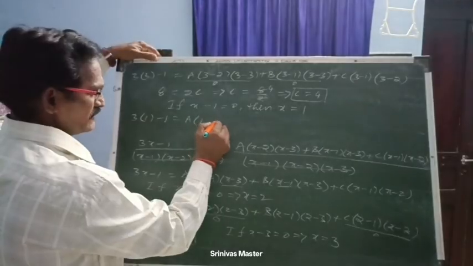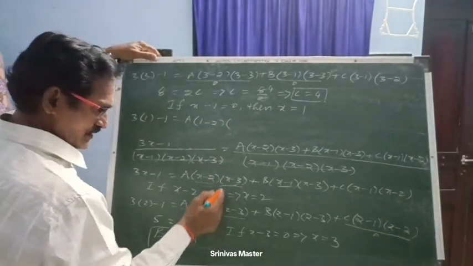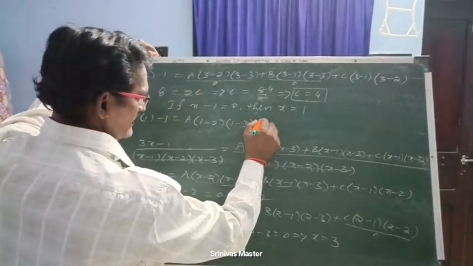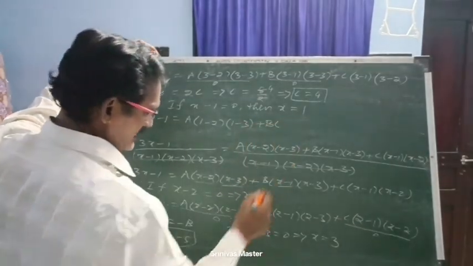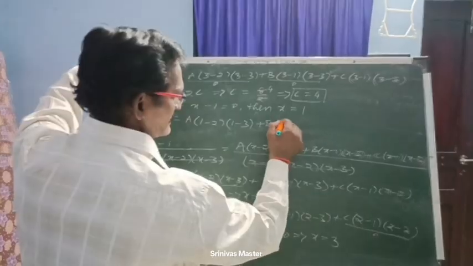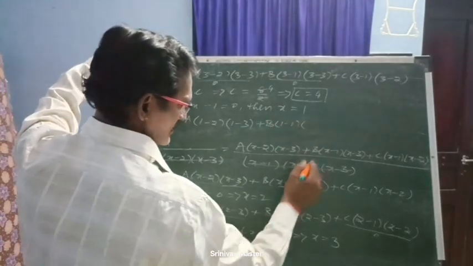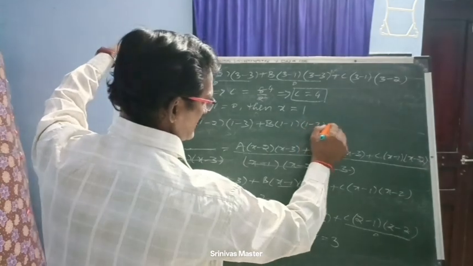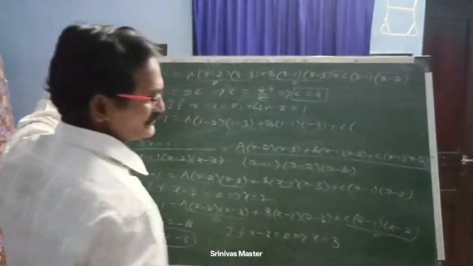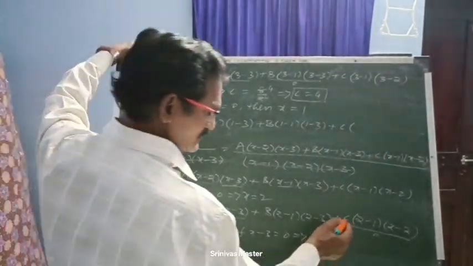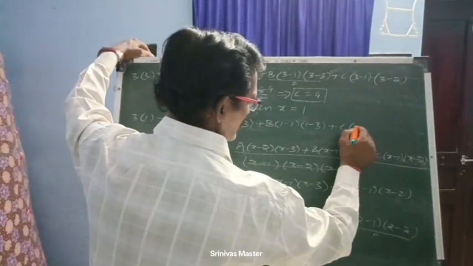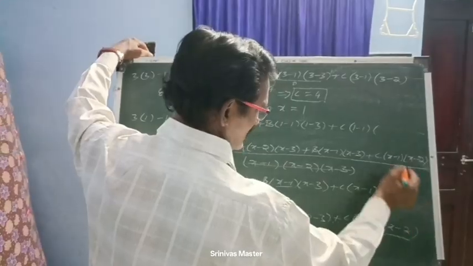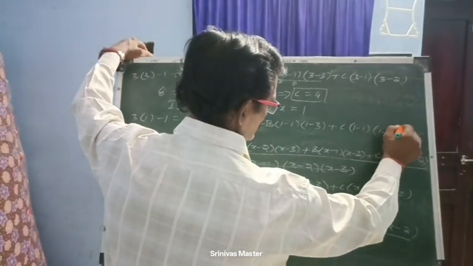That means 1 minus 2, into x minus 3, that means 1 minus 3, plus b into x minus 1, that means 1 minus 1, into x minus 3, that means 1 minus 3, plus c into x minus 1, that means 1 minus 1, into x minus 2, that means 1 minus 2.